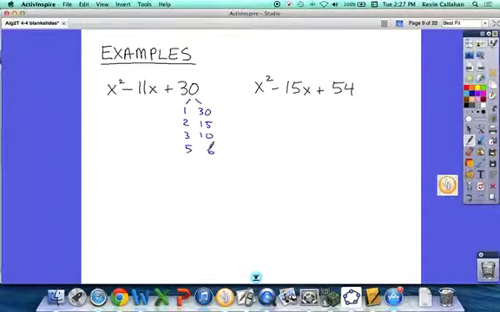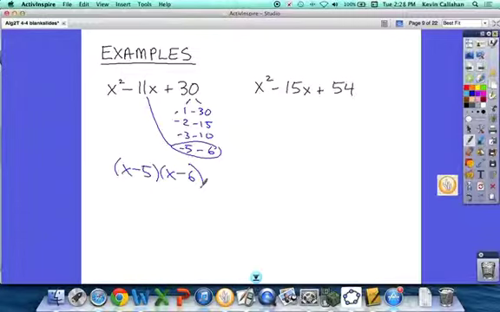And because this is negative, they are all negative. And the ones that add up to negative 11 are right there. So how does this look, the factored form? x minus 5 times x minus 6. Right, how about the next one?